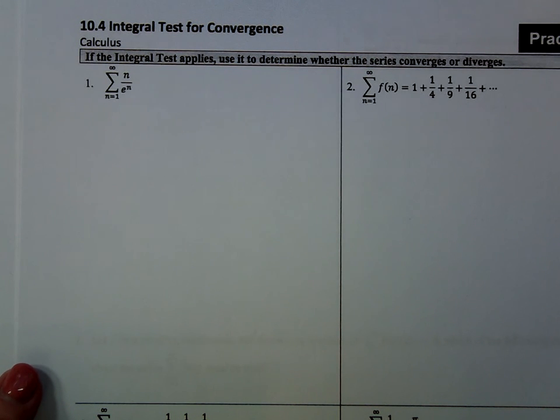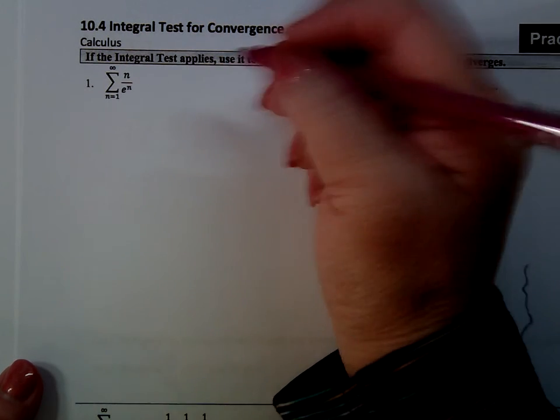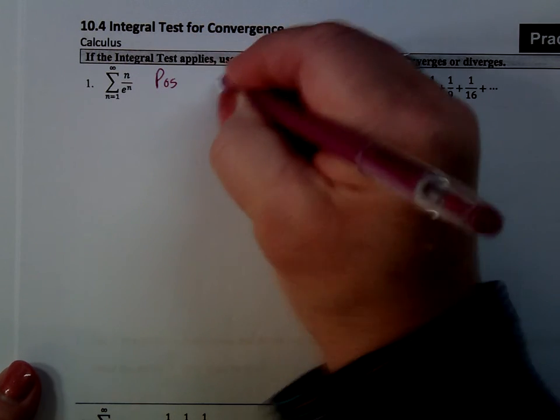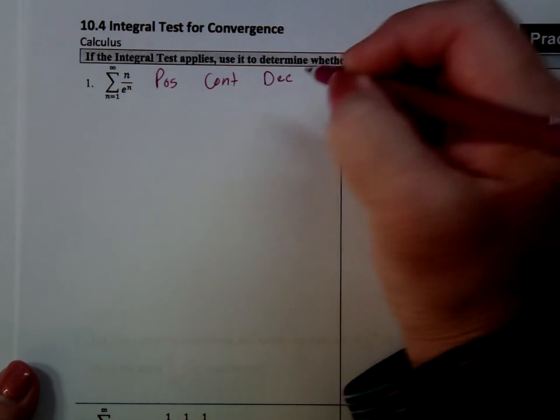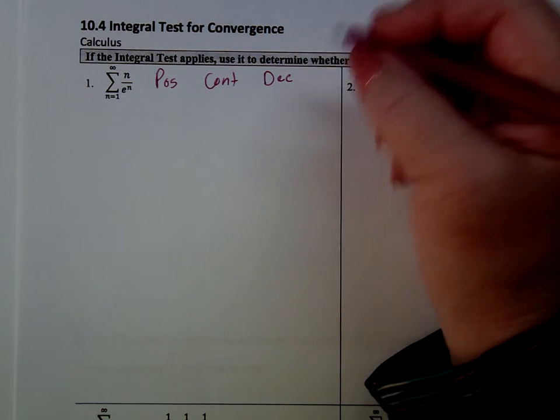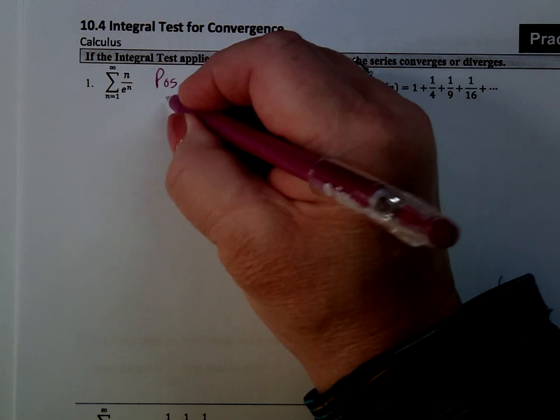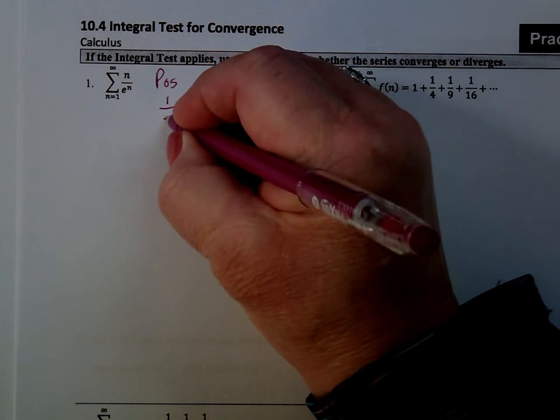All right, so this one is n over e to the n, going from 1 to infinity. So I want to know whether I can use, first of all, the integral test. So it has to be positive, continuous, and it has to be decreasing. So let's check it out. Let's check out the first few terms. If n is 1, I would have 1 over e to the first.